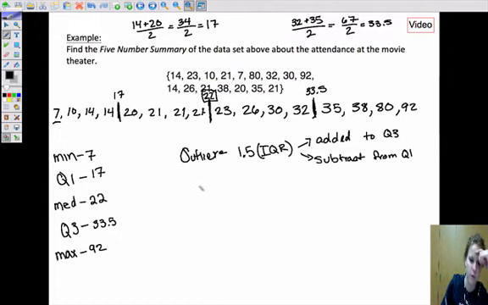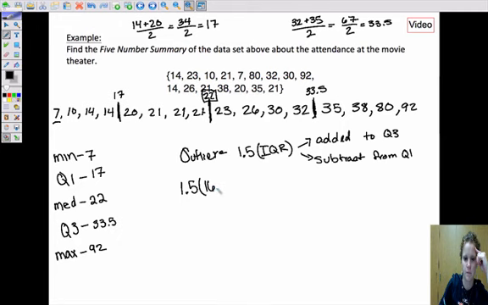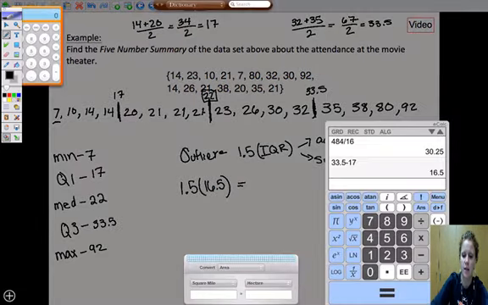Okay, so let's find that. We're going to take 1.5 times my interquartile range, which would be 33.5 minus 17. So that's going to be 16.5. So if I take that times 1.5, it gives me 24.75.